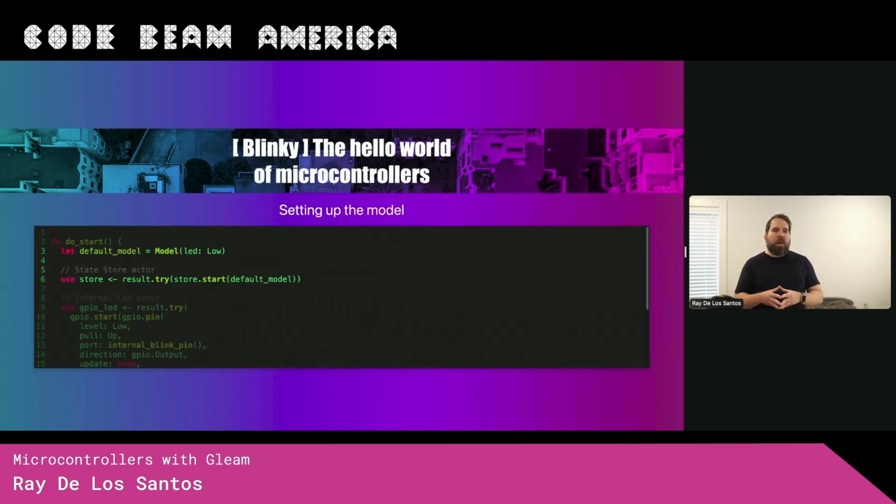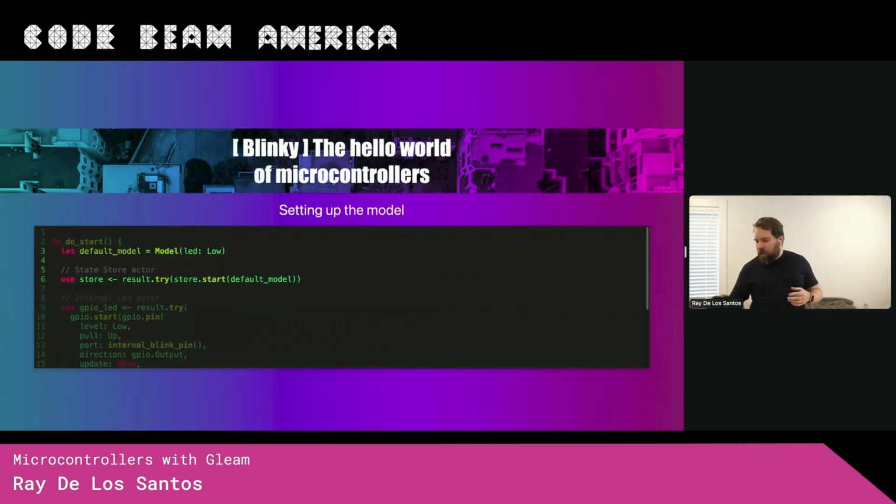What we are going to do here is set up a default model, because as a reminder, we're going to try to follow how the models change with a store actor. Based on this change, the peripherals are going to be interacting with that information. So this is what we are doing here. We are going to start the store with the default model, with the LED set to a low level.